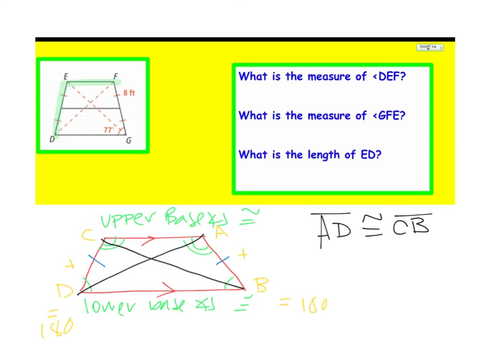Then I know that angle E is supplementary to angle D. So if angle E and angle D are supplementary, somebody tell me in the chat, how big is angle E? Okay, so angle E is 103 degrees because it is supplementary to angle D. So the measure of DEF is 103.